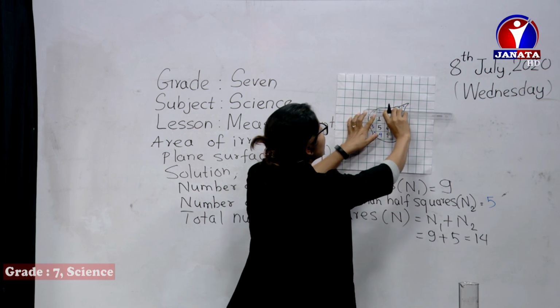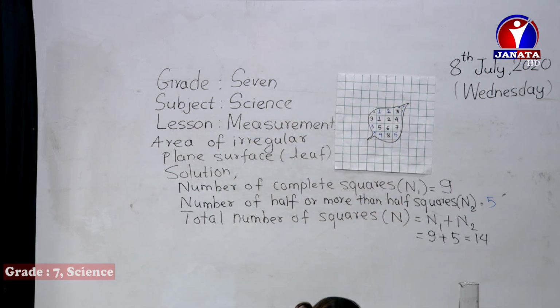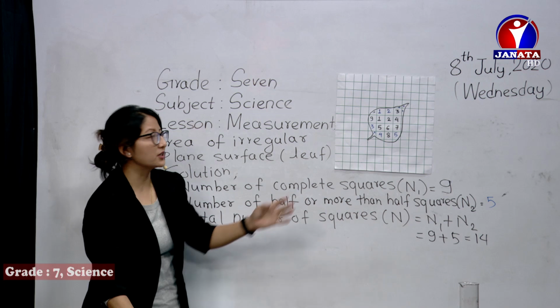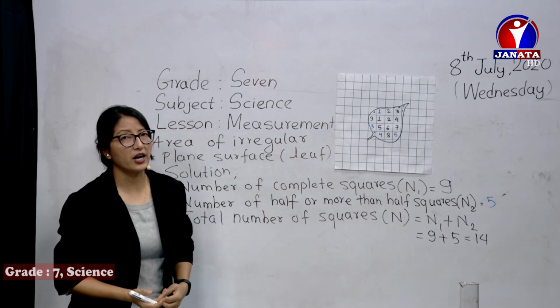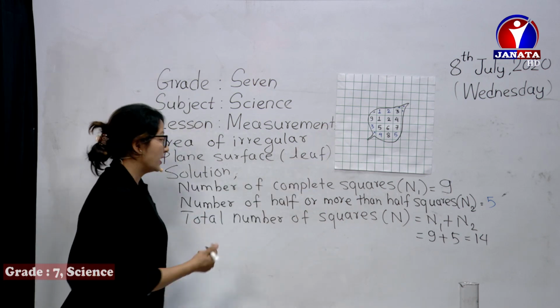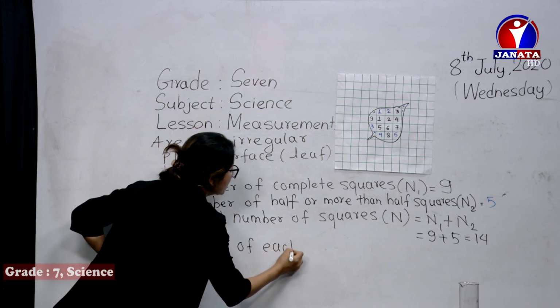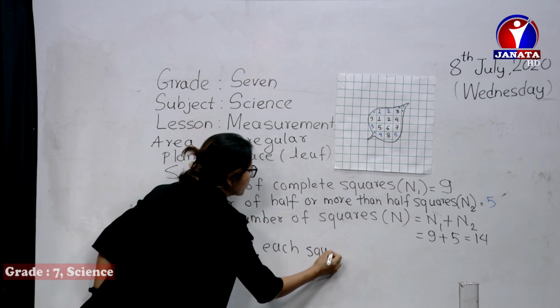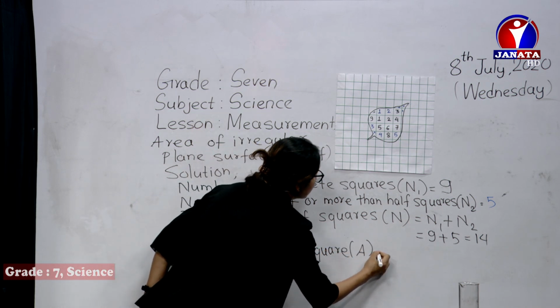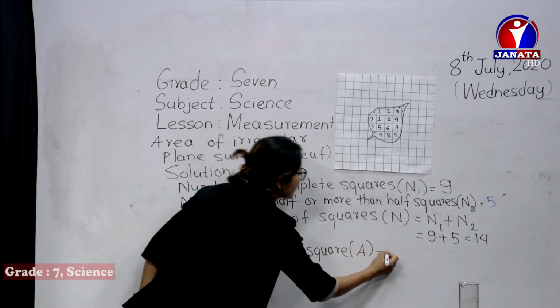So it's a square, and of course the area of a square is L square. So the area of each square, A, is L square.